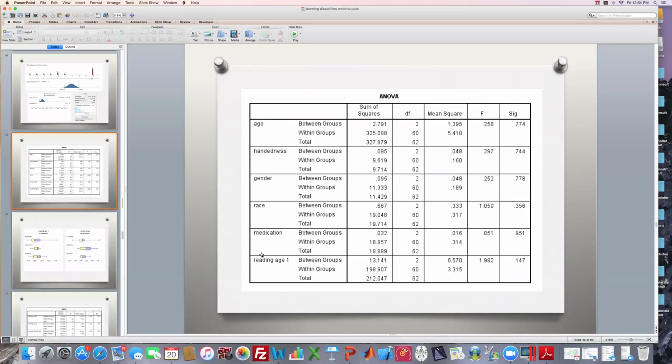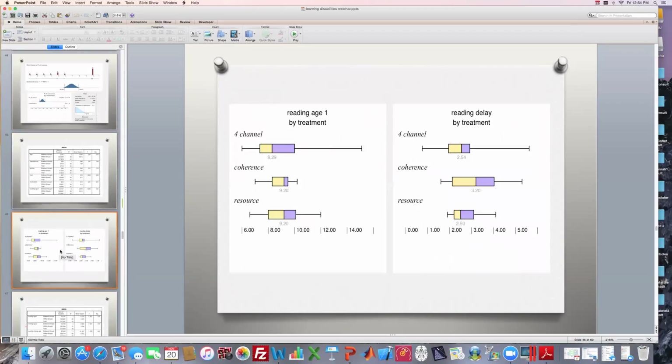Here's all the demographic variables: age, handedness, gender, race, medication, initial reading level. And you can see none of those are statistically significant between the groups. Reading age 1, again, no difference. Reading delay, no significant difference.